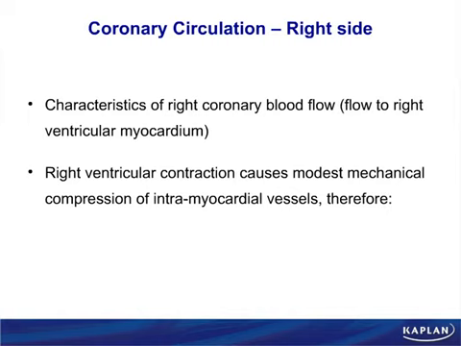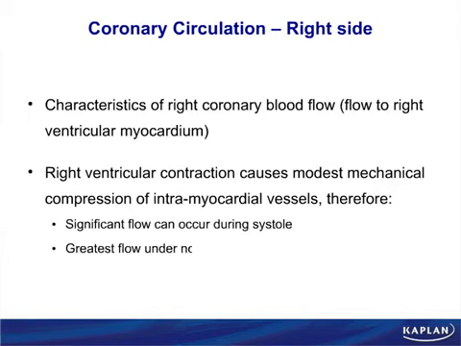We're not even close to the same levels of pressure being generated. So we still get a significant flow during systole. That diastolic pressure is still important even on the right side. Okay, so we still get the greatest flow during diastole, but the key point is that mechanical compression that we saw on the left side is not nearly as robust on the right side.